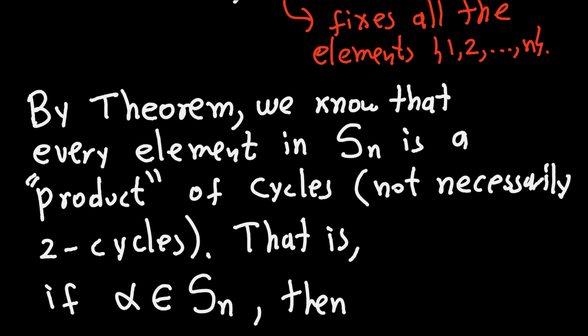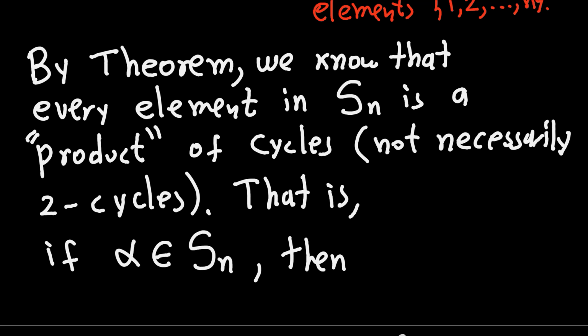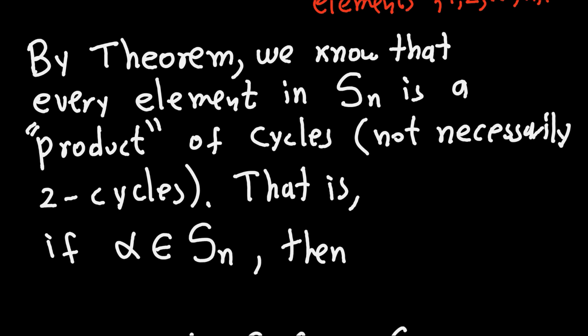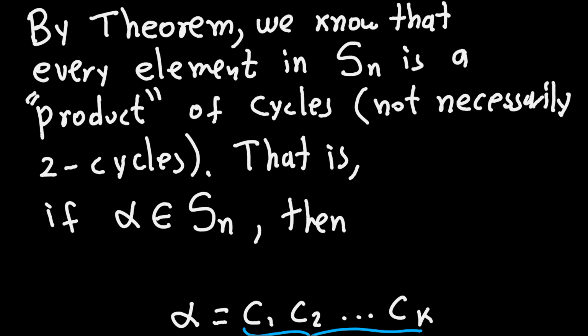Okay, so how do we prove this in general? Now, by a theorem, we know that every permutation of Sn is a product of disjoint cycles, not necessarily two cycles. So let's use that to prove this theorem.